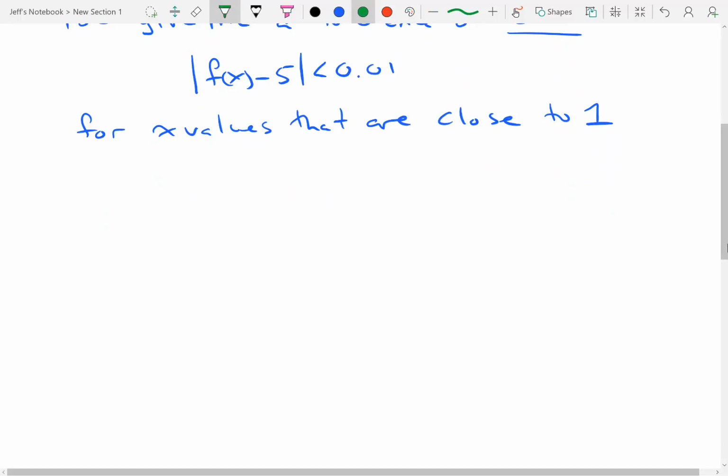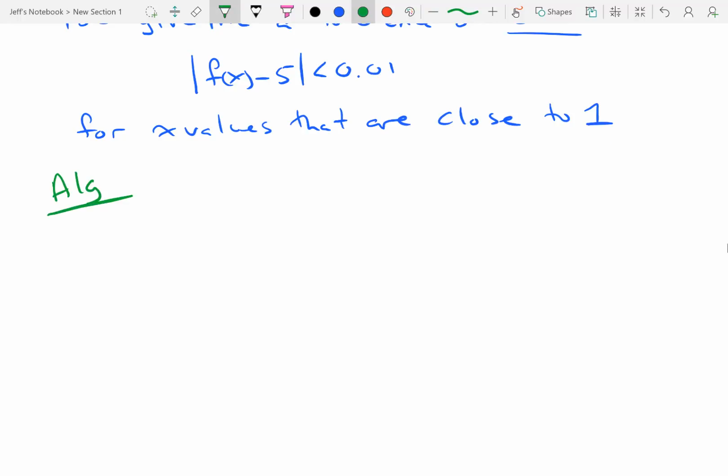So from algebra, if, for example, you were looking at an absolute value inequality, maybe it was the absolute value of x minus 3 is less than 2. The way that you do this in algebra, if it's an absolute value that is less than a number, you would take the argument of the absolute value and sandwich it in between the number and the negative of that number.